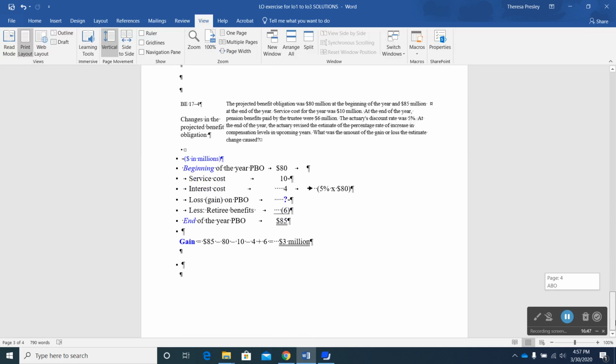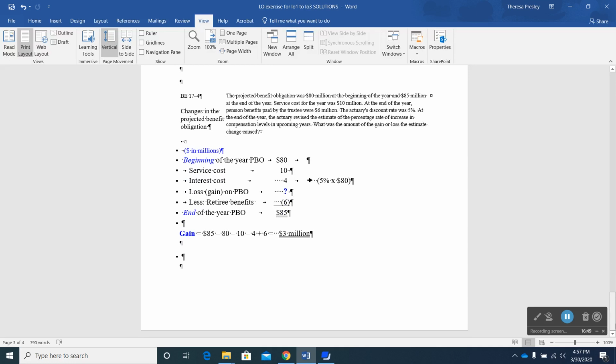Now this final one down here is kind of an introduction to the next day 2 PowerPoints and day 2 of pension plan accounting, because this is called a walk forward, and a walk forward means starting someplace and ending up somewhere else, and we're talking about balances in accounts. So at the beginning of the year we had a PBO balance of 80 million, and at the end of the year we have 85 million.